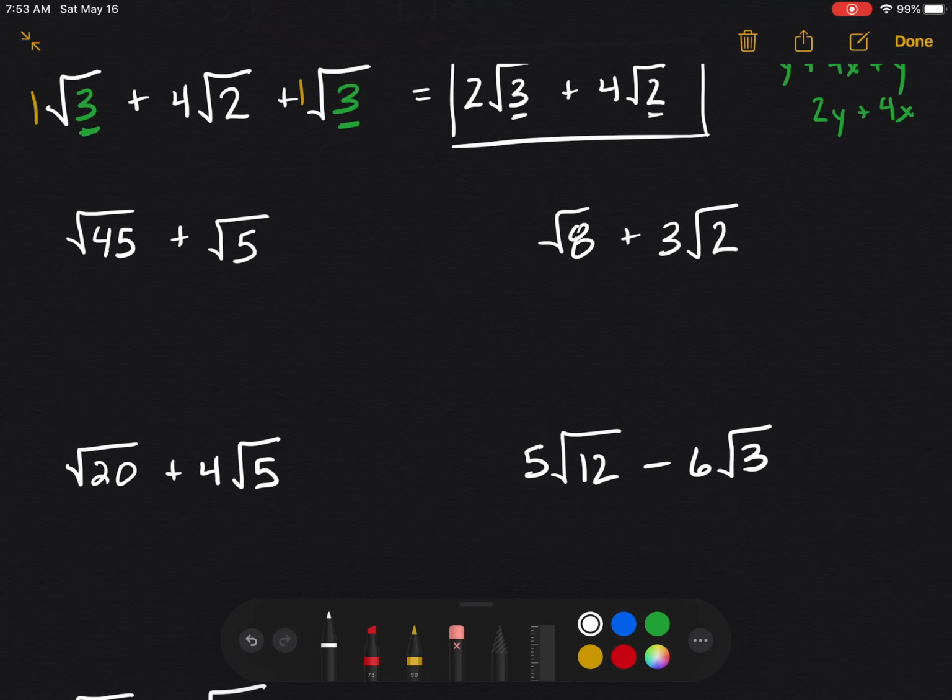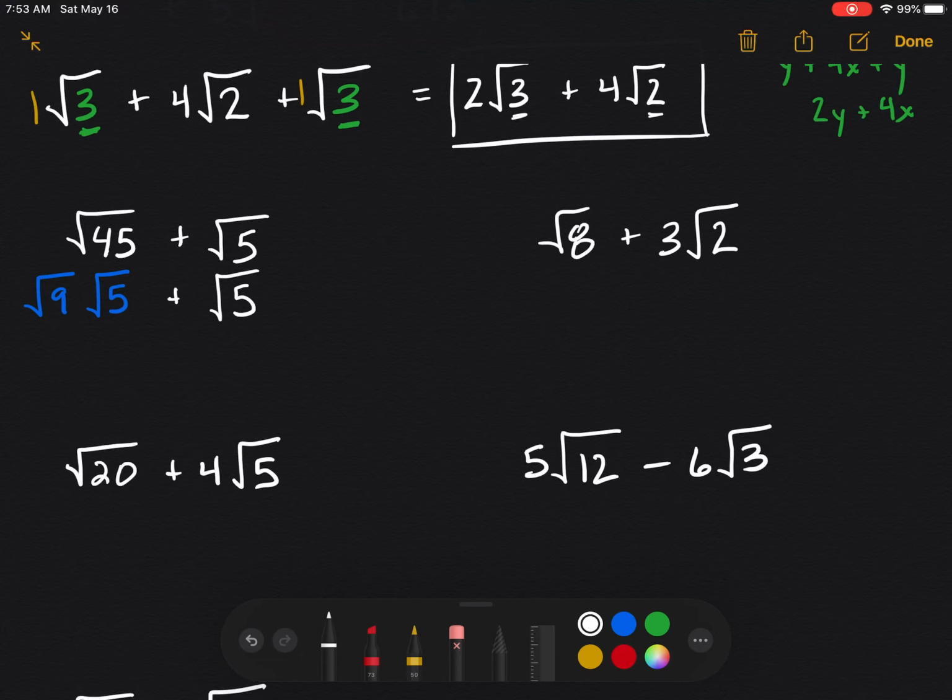So looking at that, I can't simplify that radical 5 any further. However, I can break this radical 45 up into a perfect square of 9 times 5. And you can probably already see why that is going to work out very nicely, right?